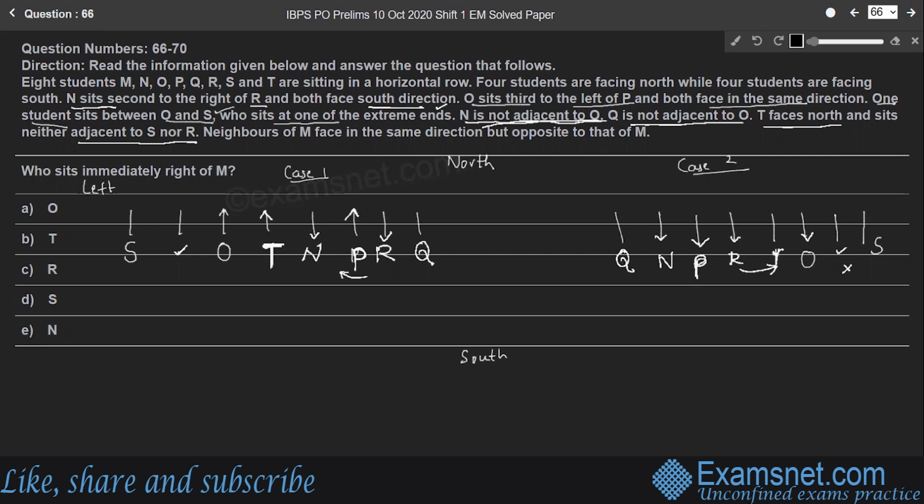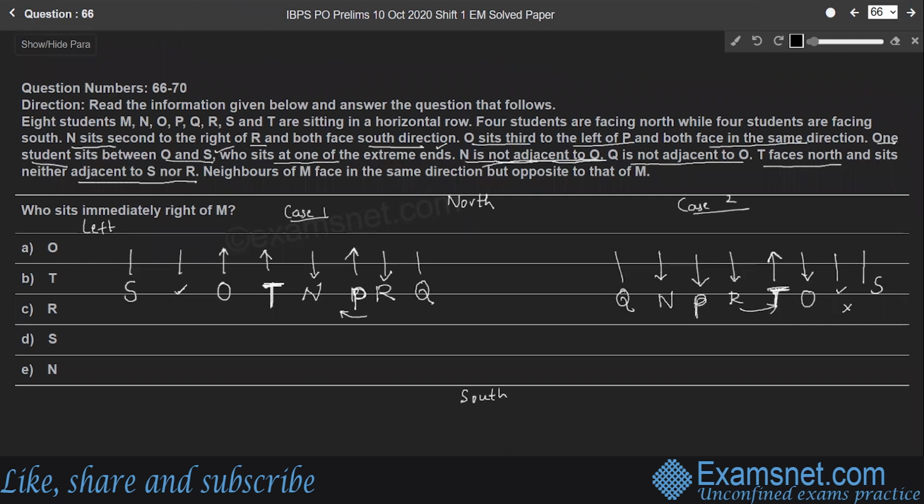Therefore, T has to sit here facing north, adjacent to S and R. Yes. But in case 2, yes, T is sitting adjacent to R. So here, right? In case 2. Therefore, case 2 is cancelled. We cannot consider case 2 because according to case 2, T is sitting adjacent to R. Therefore, case 2 is cancelled.